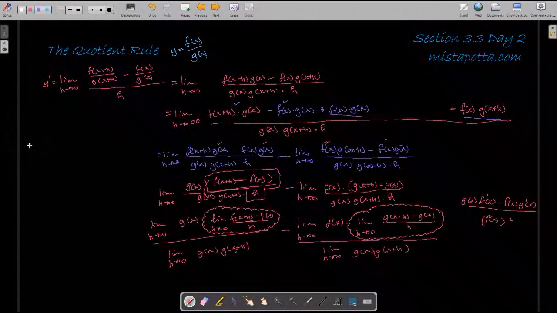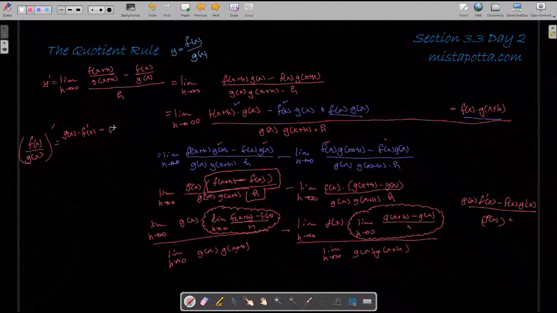So what we have is that if I have a function f of x over g of x, and I want to take the derivative, it's going to be equal to the denominator's function times the derivative of the numerator's function minus the numerator's function times the denominator's derivative function over the denominator function squared.